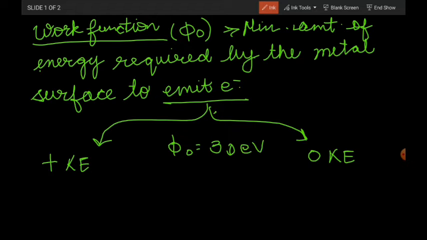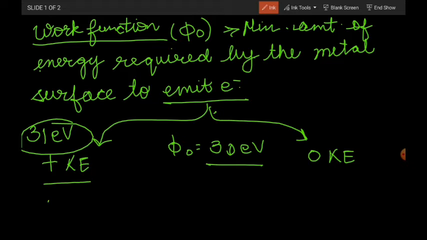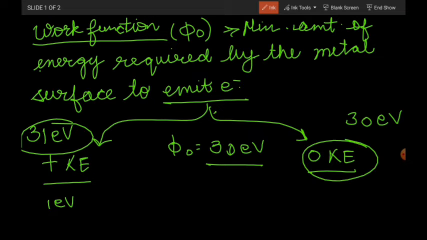If we have provided an energy of 31 electron volt, this means that 30 electron volt will be consumed by the electron to get out of the surface, and the kinetic energy of 1 electron volt will still persist. Whereas if we are just providing the amount of work function that we require, that is 30 electron volt energy, in this case the net kinetic energy that the electron has afterwards is zero. So here we can say that the electron will have no kinetic energy.